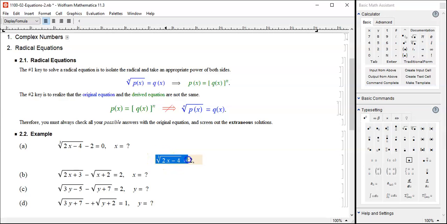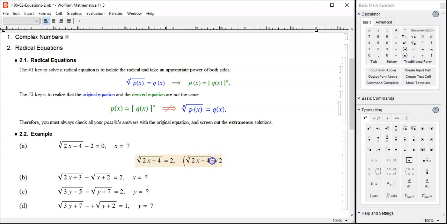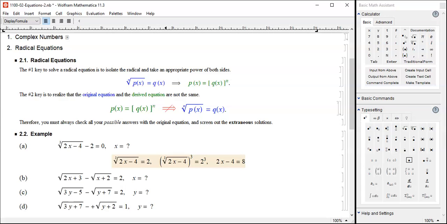Nobody will actually write like this, but I'm using computers, so I can easily copy and paste. So let's do this. And cubing root and cube cancel out. We have 2x minus 4, and the right hand side 2 to the third power. That's what you're going to get.